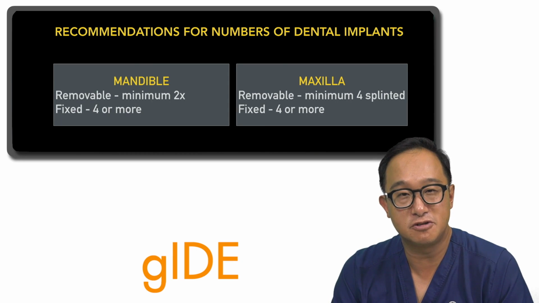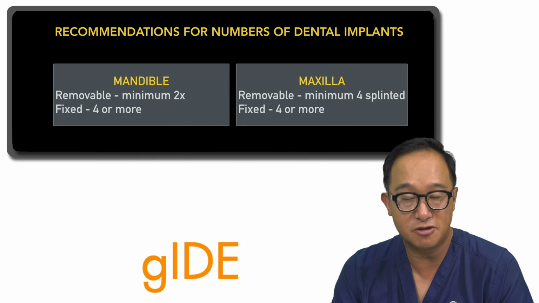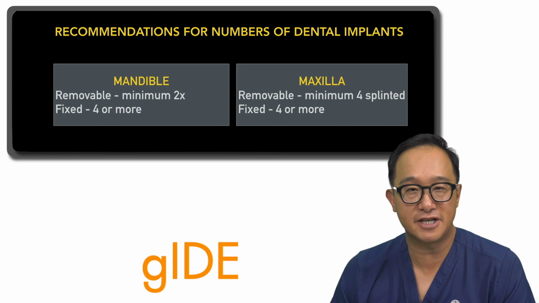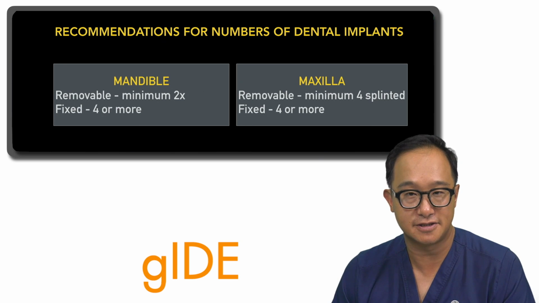So finally, I want to conclude by discussing the numbers of implants that we use in the mandible and also the maxilla. In the mandible, for a removable overdenture, we want to use 2 implants as a minimum. You can use 3 or more if you wish, but 2 would be a minimum. And this is well supported by the literature. For fixed bridgework, we want to use a minimum of 4 implants.